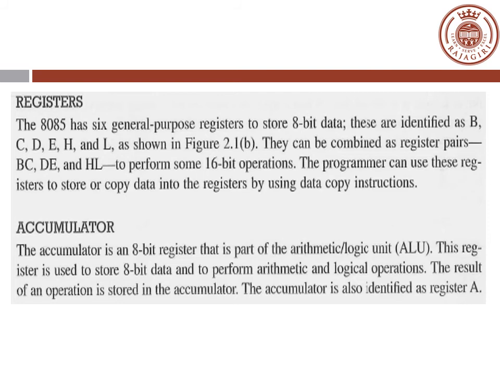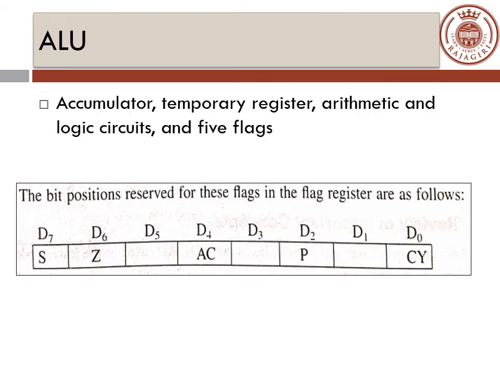This register is also known as register A, which is 8 bits in size, and is used to store 8-bit data and to perform an arithmetic or logical operation. The result of the ALU operation will be stored in the accumulator.